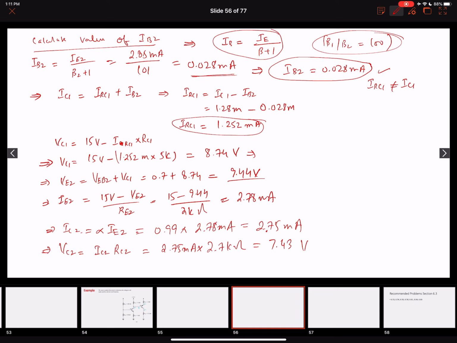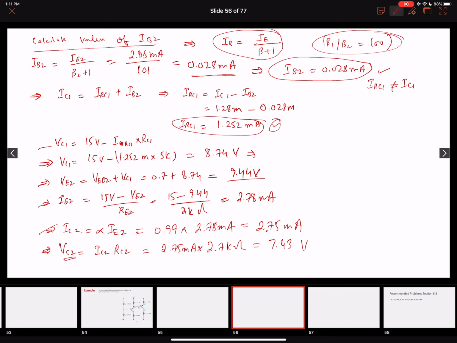Before doing that, we had to find the current that is flowing through the RC1 resistor. Then we repeated the same process. We found the collector voltage value, then the emitter voltage value, emitter current, collector current, and then the collector voltage value for the second transistor.